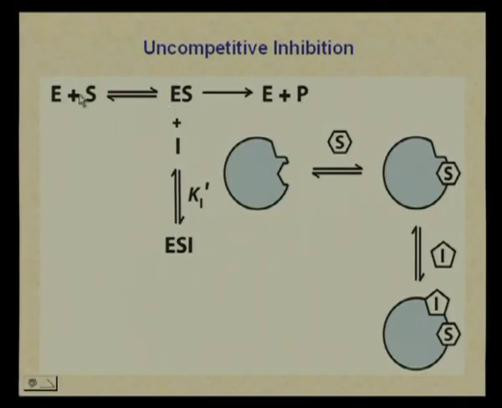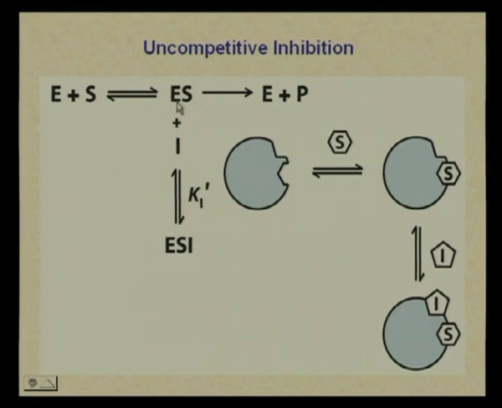So, we have E plus S going to the ES complex, which can add the inhibitor to it, forming this ternary complex again, and the ES can dissociate into E plus P. So, this is our enzyme, this is our substrate that sits here, and the enzyme substrate inhibitor ternary complex looks like this.